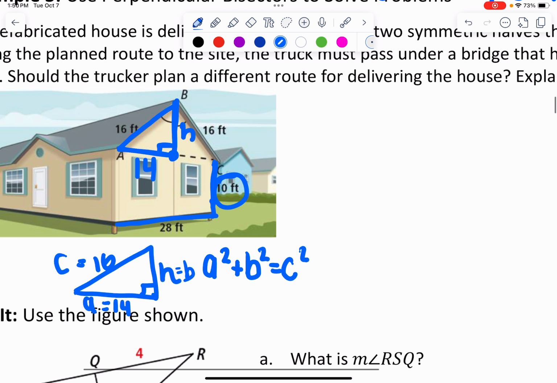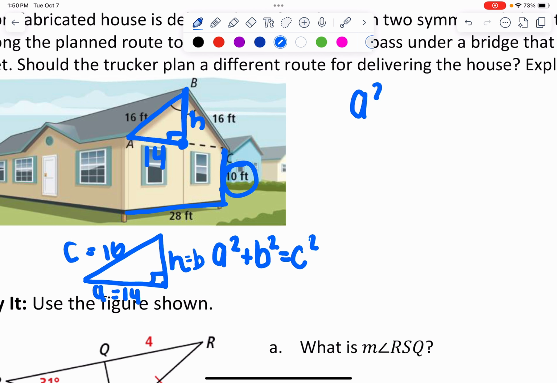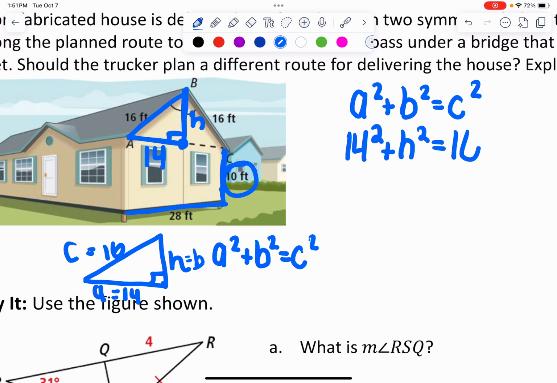Plug that in: 14 squared plus h squared equals 16 squared, and we're solving for h. So 196 is 14 squared, plus h squared equals 16 squared, 256.